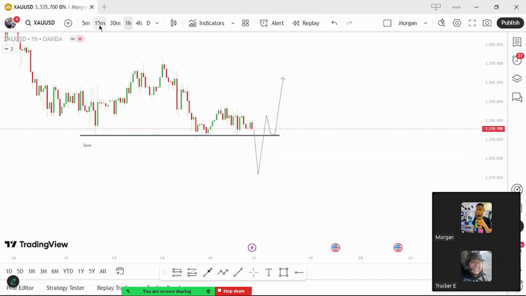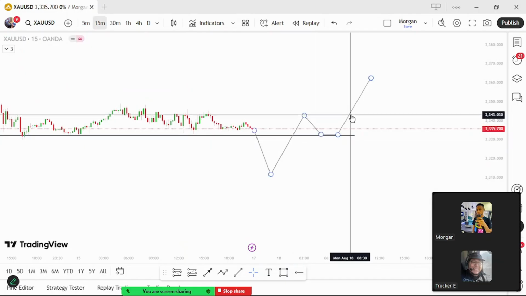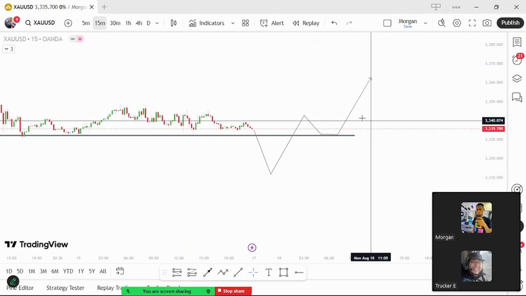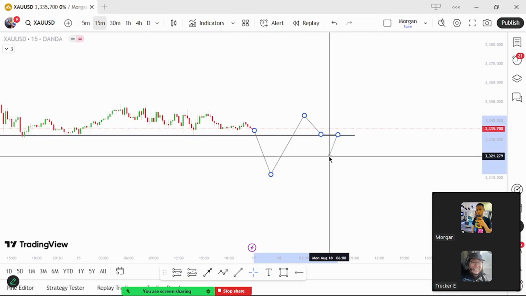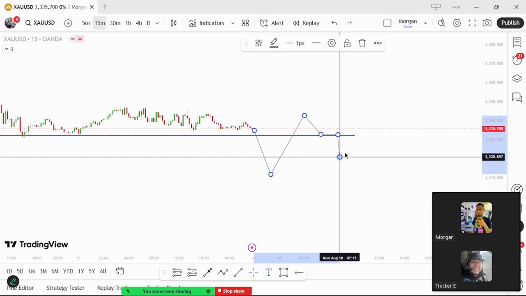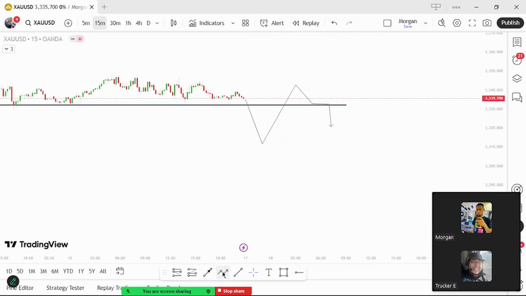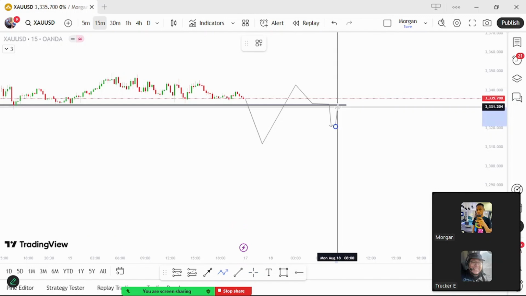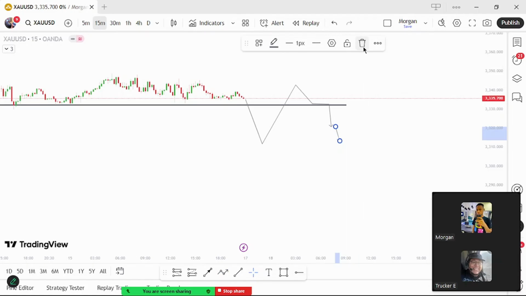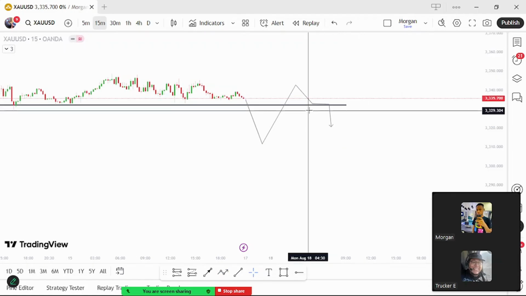Well, on the lower time frame, let's say price breaks here, and you're talking about price retesting this level, right? Like how you have the first indication, then the correction back above the level, and then the retest of the level.